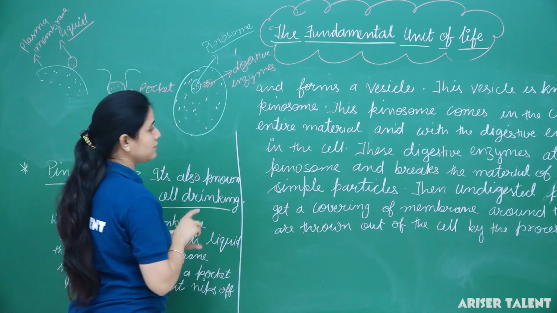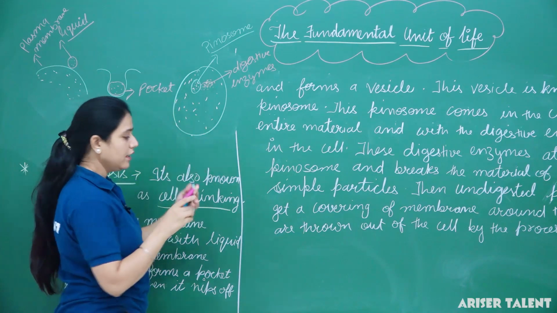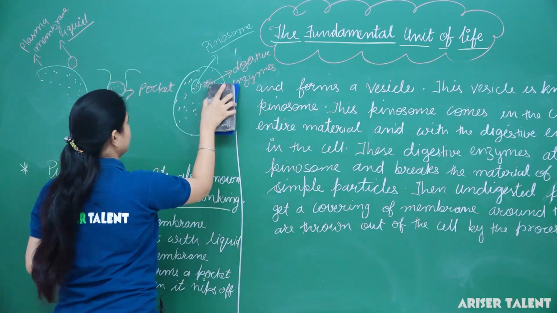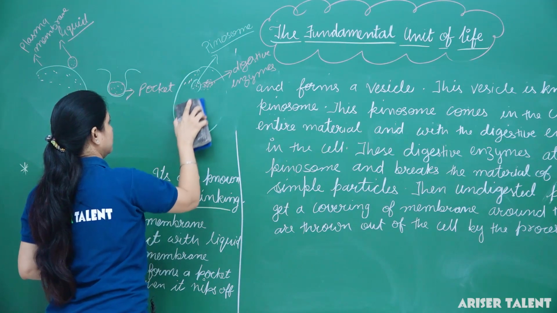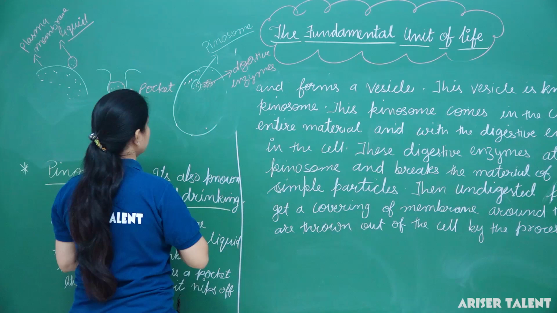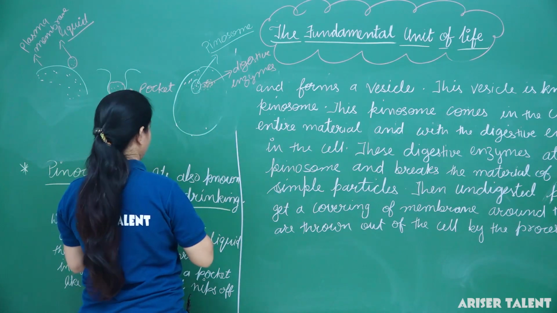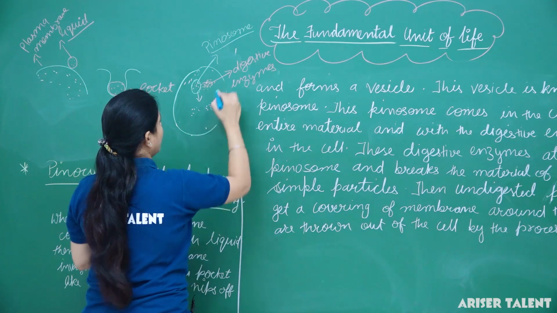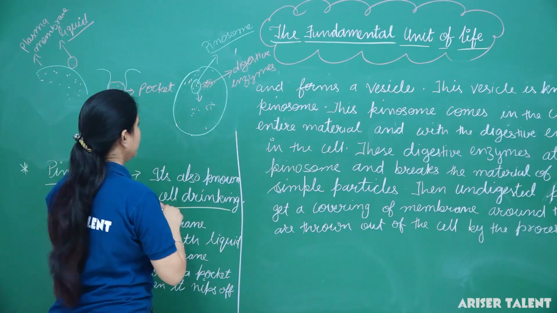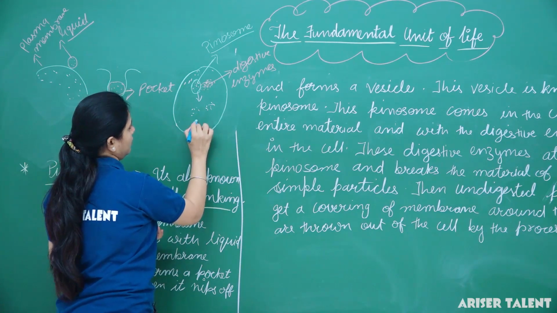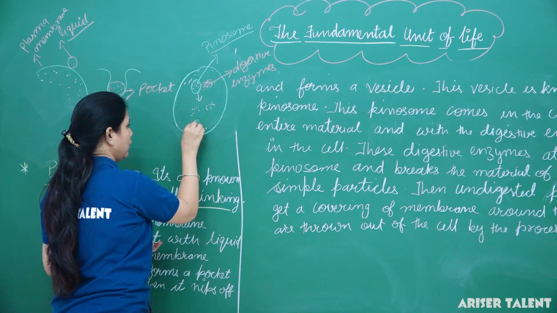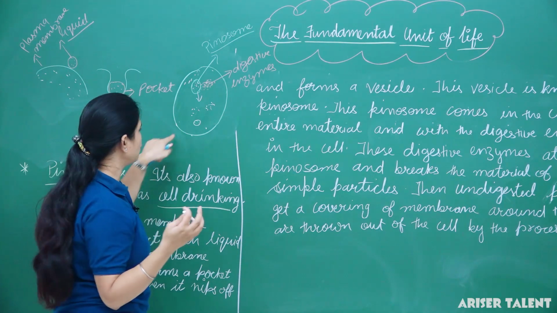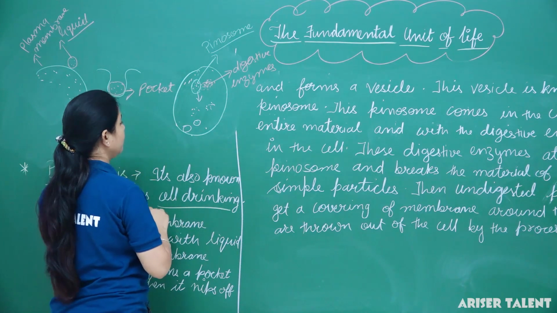The food material present inside will be digested with the help of these digestive enzymes, and it will break into simple substances. Then the undigested food gets a covering of a membrane, and these vesicles are thrown out of the cell by the process of exocytosis.